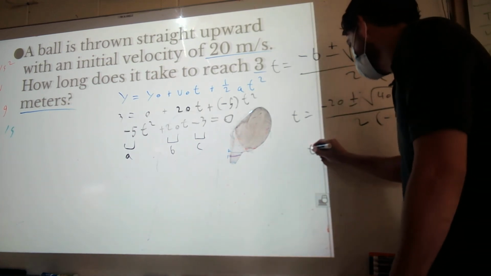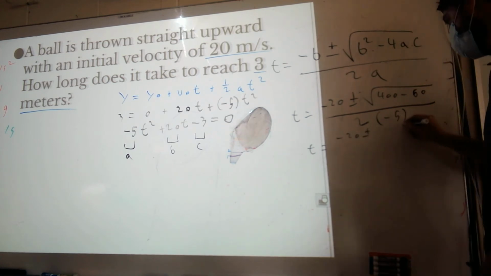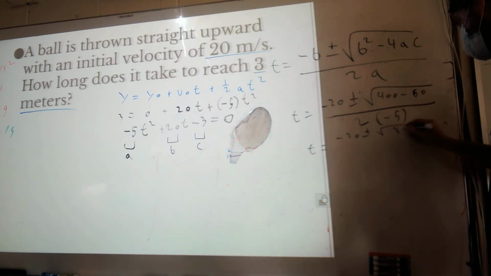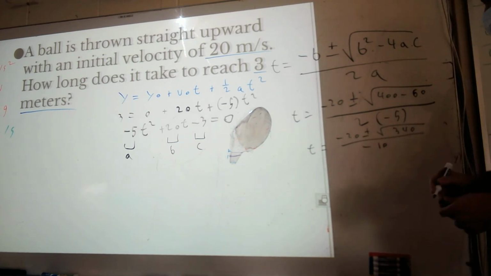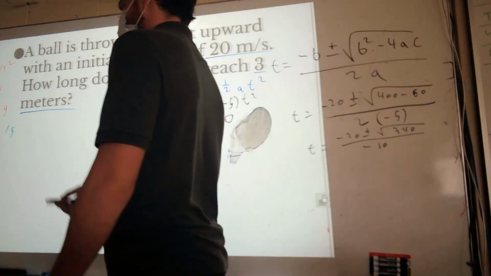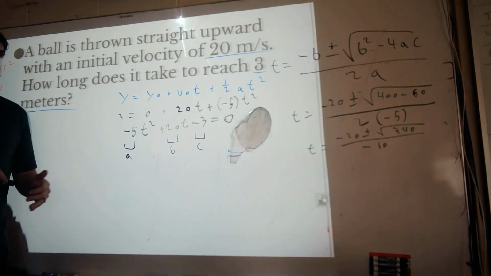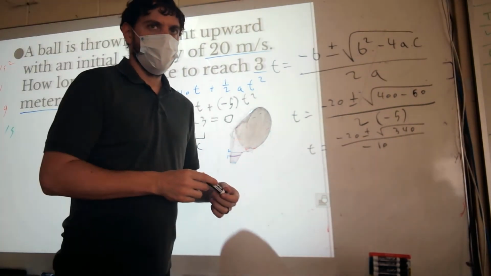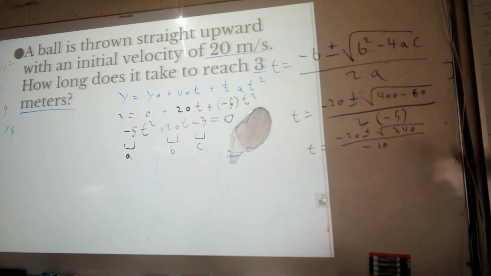So t, some of you may already have the answer, is negative 20 plus or minus the square root of 340 divided by negative 10. What's the square root of 340? It's less than 20, I know that much.